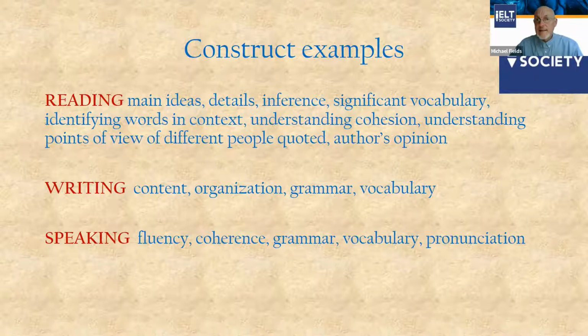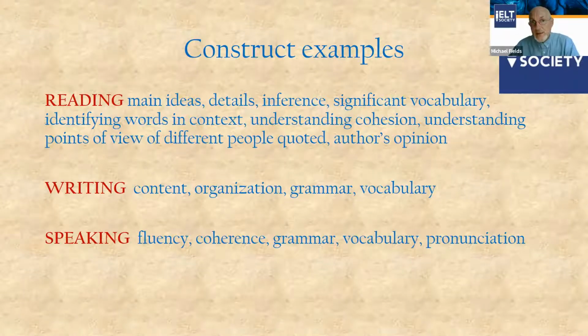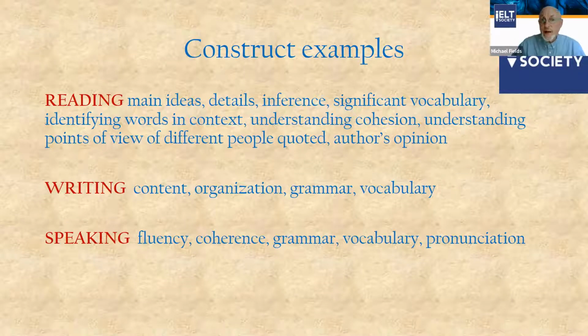So taking words that we predict our test takers probably won't know, and seeing if they can use reading strategies in order to identify those words. Understanding cohesion in reading, understanding points of view of different people quoted, if you have that kind of article, right? Where different points of view are represented in the same article, or maybe the author's opinion.